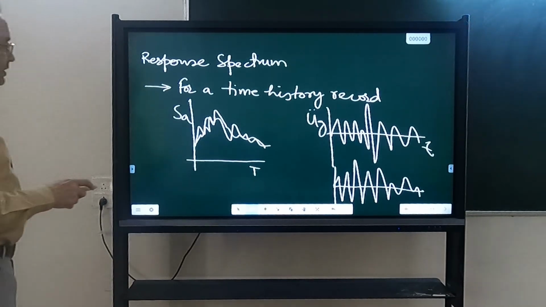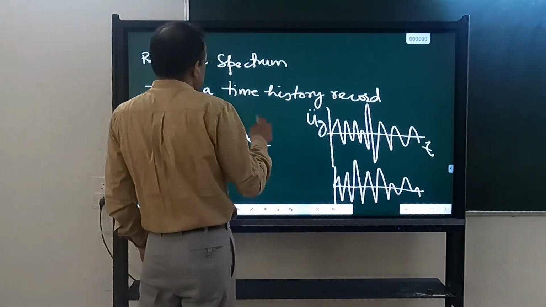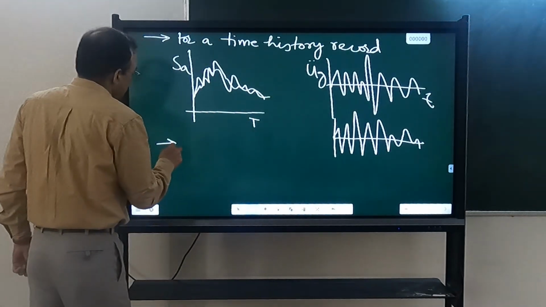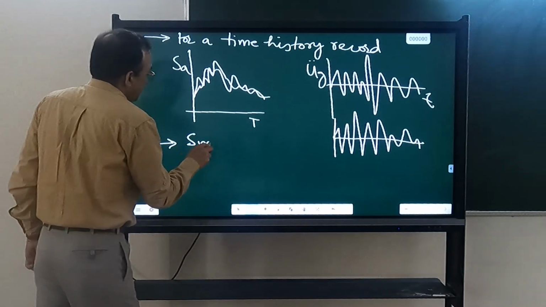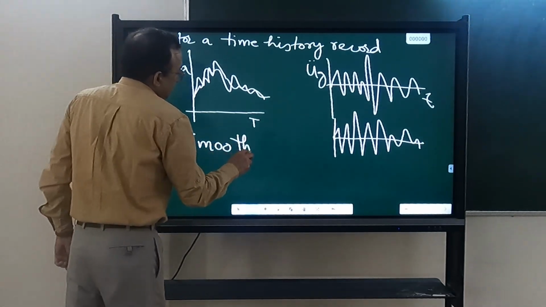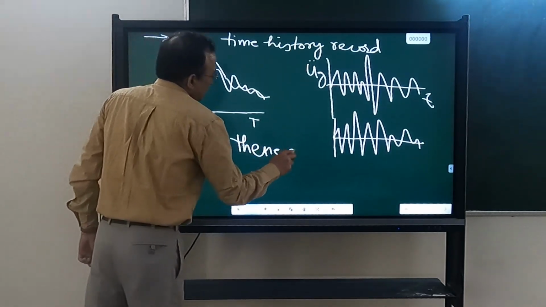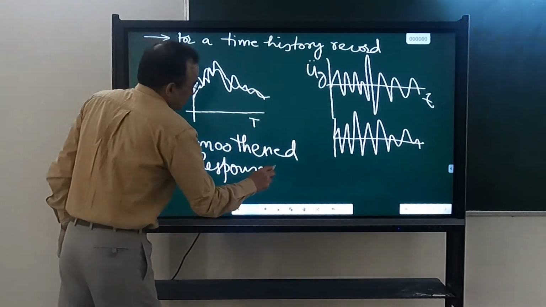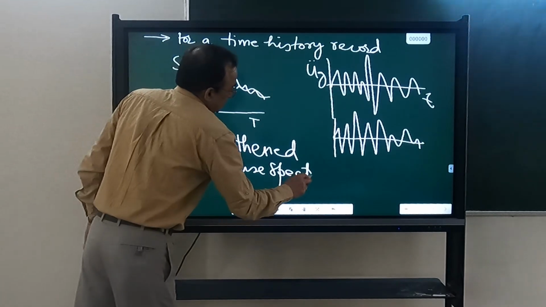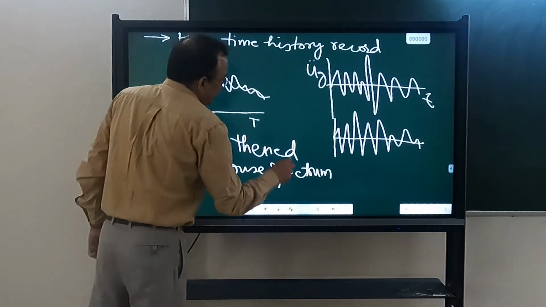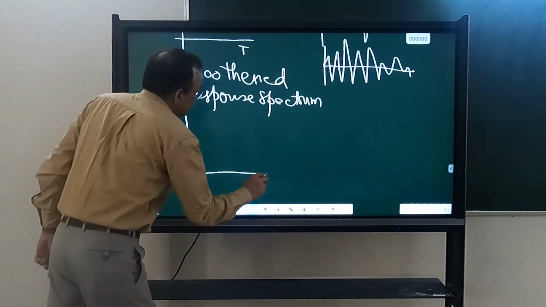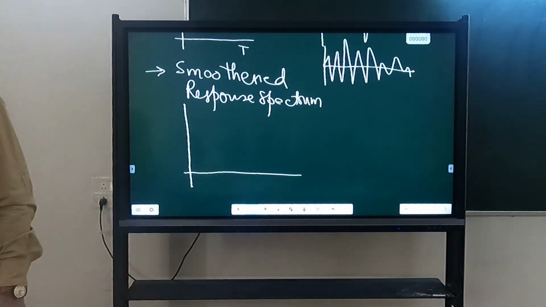So what we do, we consider a large number of such response spectra and we develop what we call a smoothened response spectrum. A smoothened response spectrum is obtained by averaging a large number of normalized response spectra.